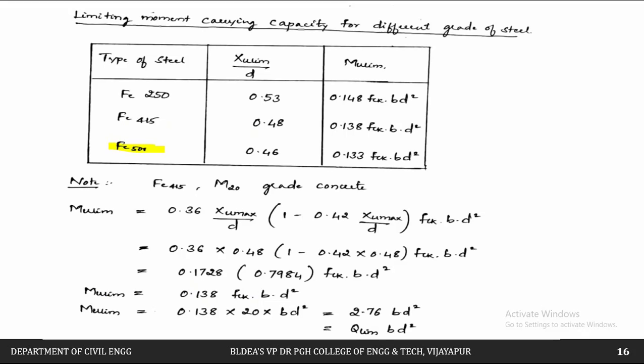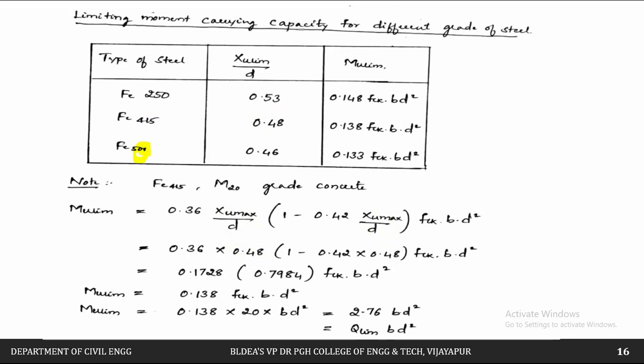Similarly, if you want to calculate for Fe500, you are going to get the answer as 0.133 fck b d square. For Fe250, it is 0.148 fck b d square. Very simple: for 415 we took Xu by d as 0.48.